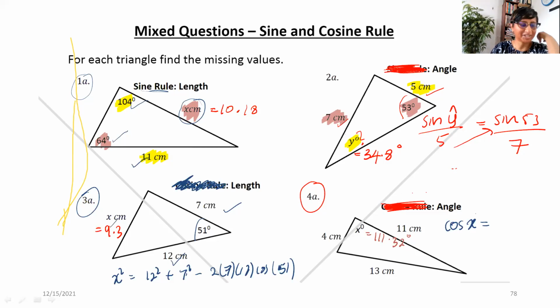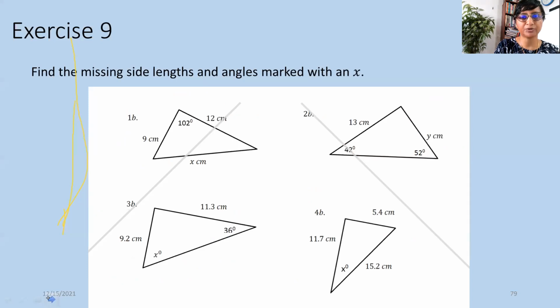Okay, Shanha has verified it is 111.32. Good. What I will do is leave this last slide, slide 79, for you to try on your own. If you have any doubts, you can get them cleared in your tutorial with Miss Kalpana. That would be the end of trigonometry.